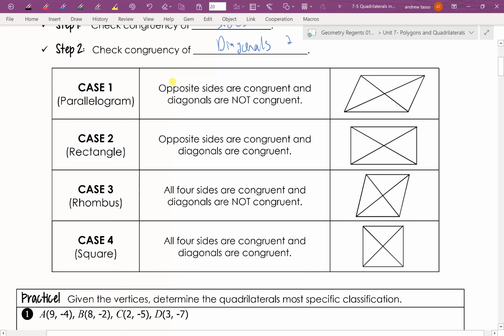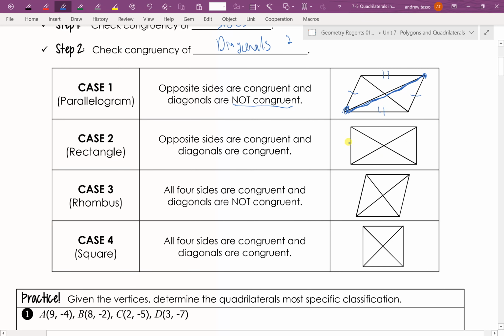So if we have opposite sides being congruent, so these are congruent and these are congruent, and the diagonals are not congruent, then we're in a parallelogram situation, because the parallelogram has one diagonal being longer than the other.